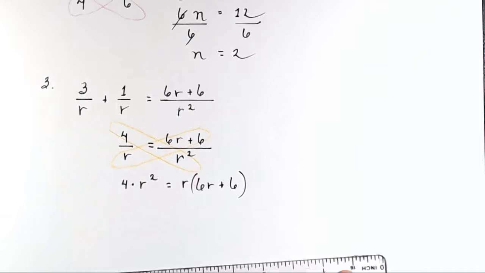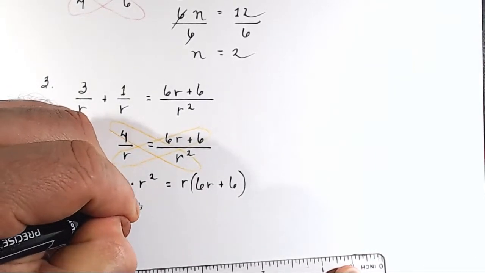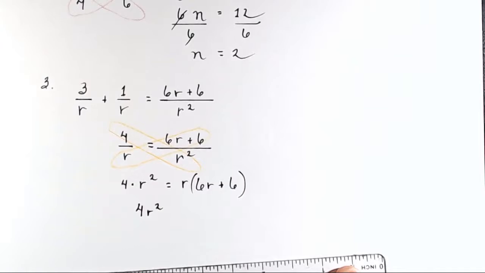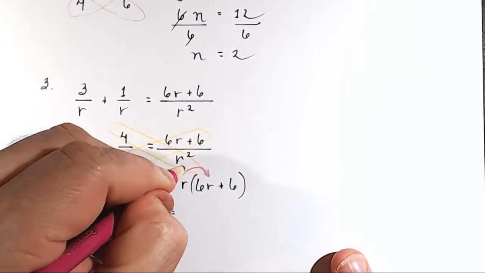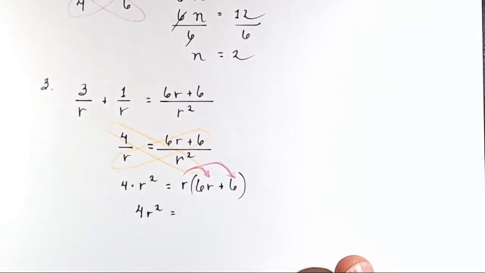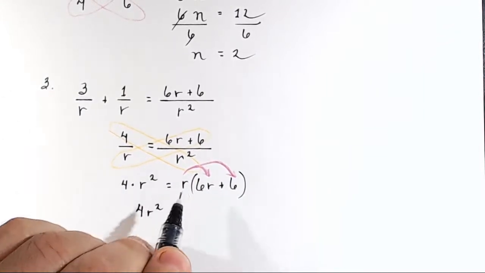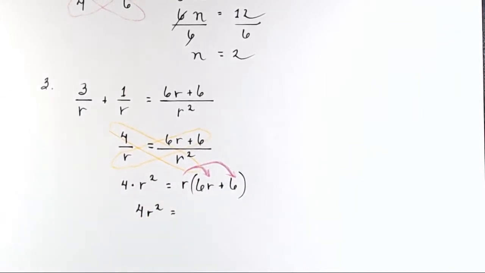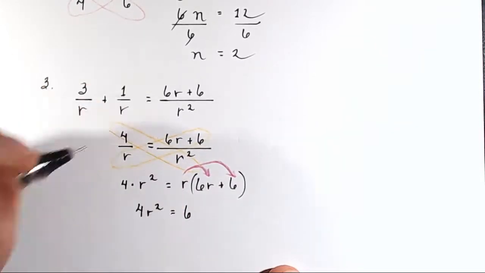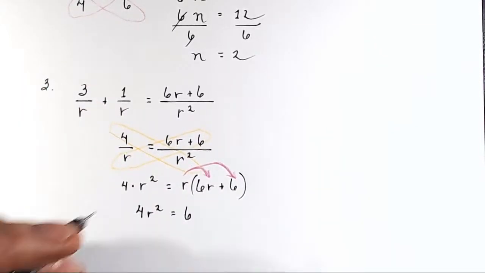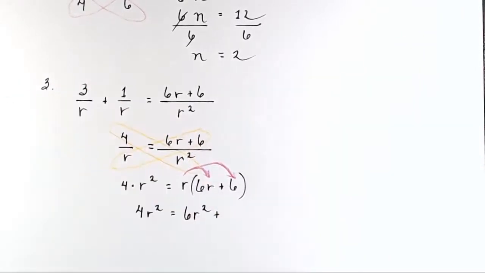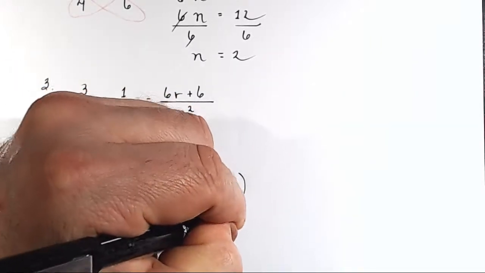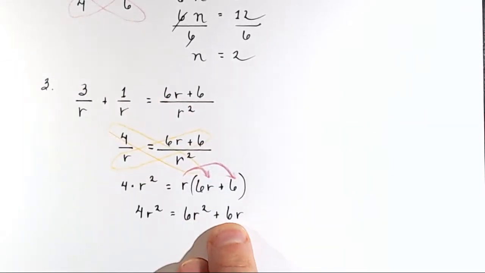So 4 times r squared is just 4r squared equals, now we have to distribute the r. Before we were distributing numbers and numbers with letters, now we're just distributing a letter. What is r times 6r? The 6 just comes along, r times r is r squared, so 6r squared, plus r times 6 is just 6r. Remember, we write the number in front of the letter.